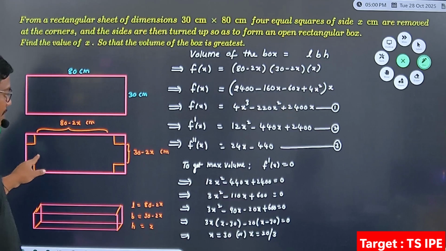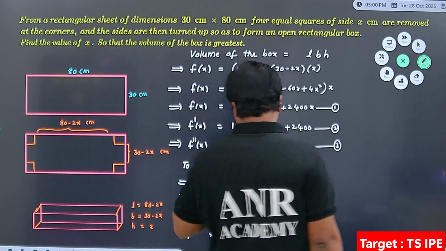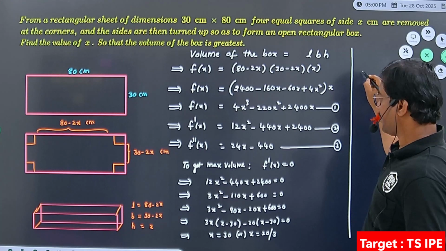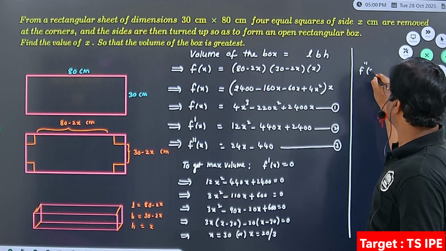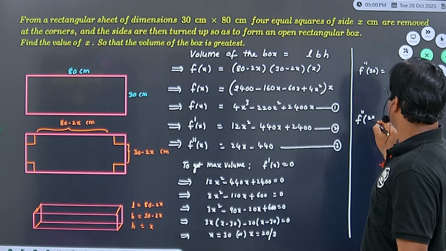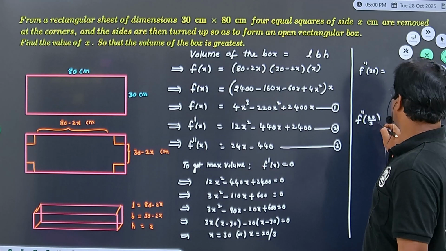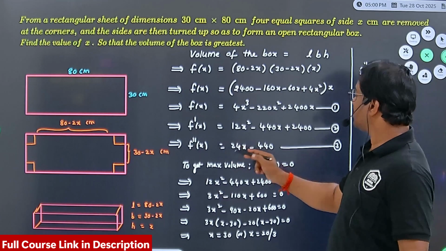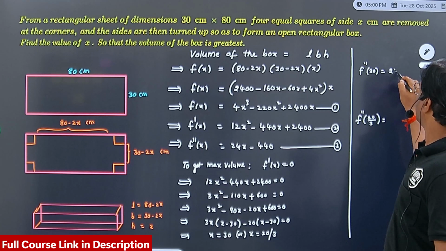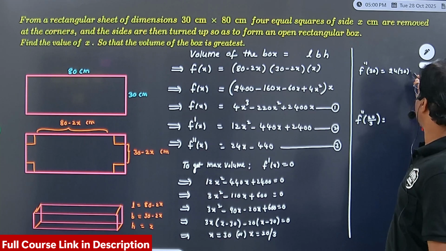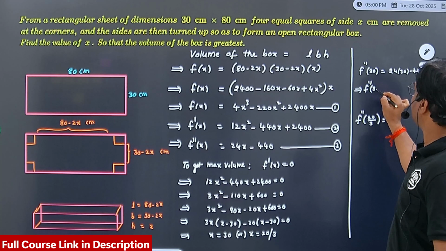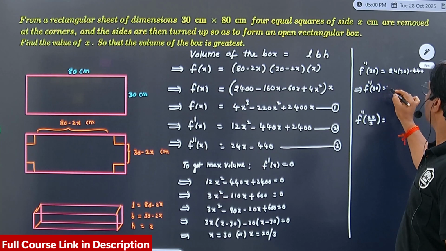Here, if you write x value 30 in this, what happens? Observe. F double dash of 30 first I am going to write, and then we go for f double dash of 20 divided by 3. If you write x value 30, 24 into 30 minus 440 implies double derivative at 30 become positive quantity.